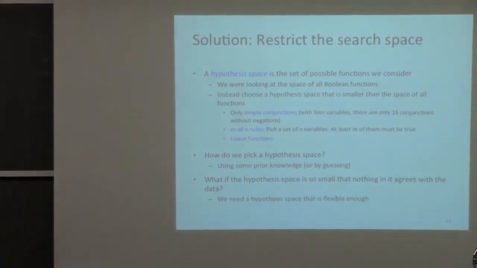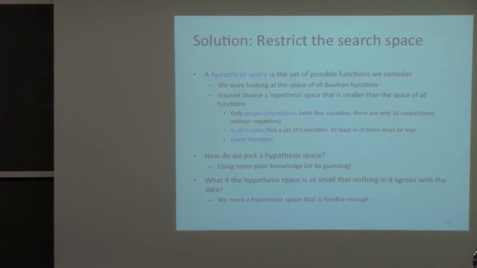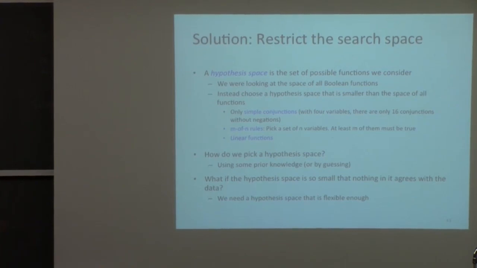What if it's too small? That's a question that leads to some very interesting learning outcomes, where instead of saying that there should be an element in the hypothesis space that agrees with every row, the point you raised, what if I'm willing to live with approximately correct?